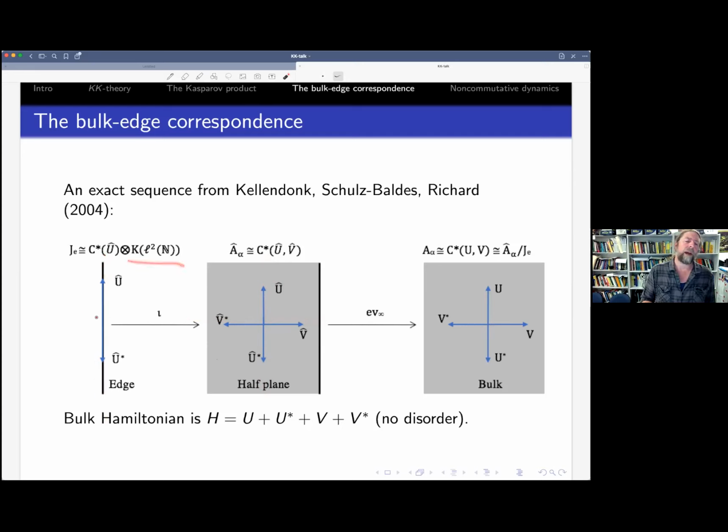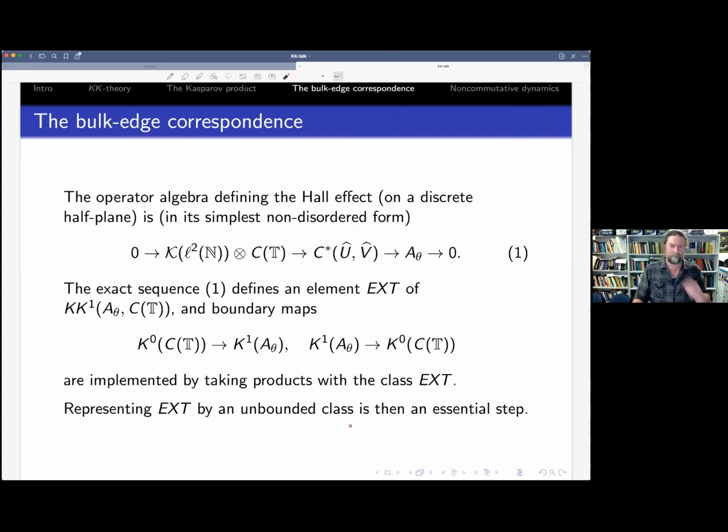And these compacts, we think about modeling the transverse direction, but these are things that decay quickly away from the edge. That's why they're compact. And ignoring disorder, the Hamiltonian is this sum of shifts. So moving away from that picture, that's what our exact sequence looks like.